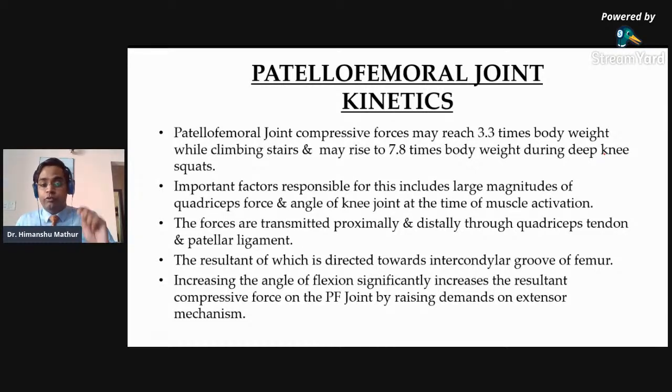Whenever the force of quadriceps is high, in that case there is always an increased amount of joint reaction force, which eventually gives you values of say 3.3 times the body weight or 7.8 times the body weight. All right, now the angle of the knee joint at the time of muscle activation, we will be talking about in this slide and in the next slide also.